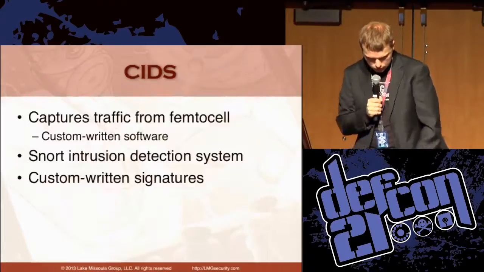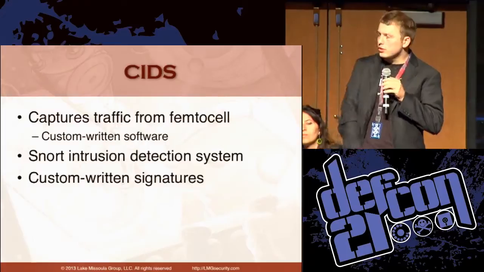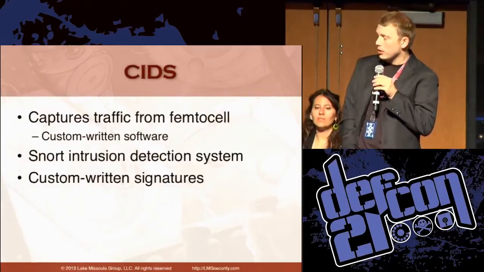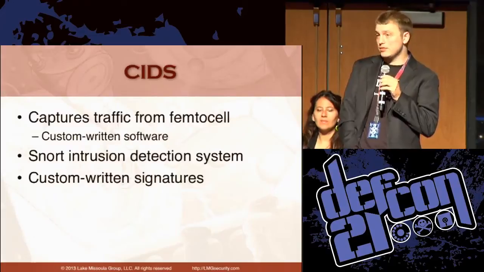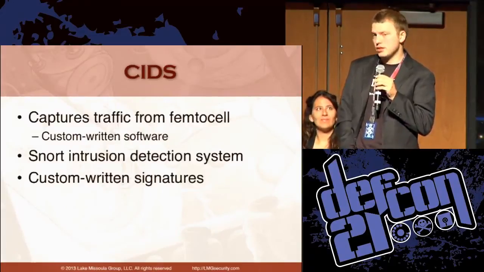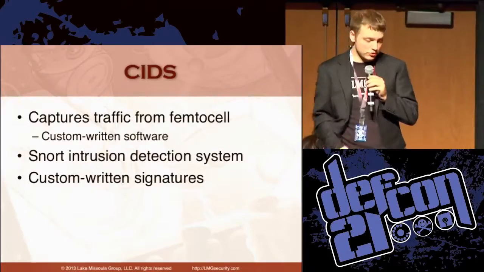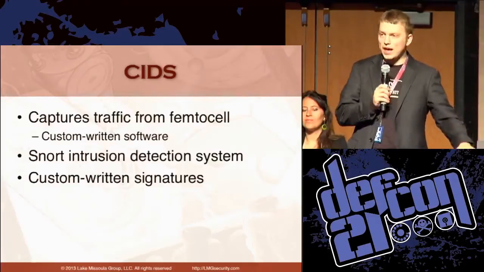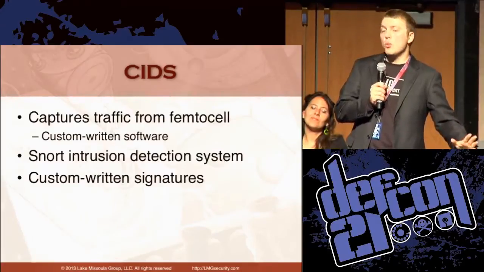Let's see. So, cellular intrusion detection. This wasn't originally it. When we set out to do this project, we were looking at network forensics. Like, hey, let's see what we can see about the cellular network. And it quickly became this big project to even get access to it. So as soon as we did get access, we said, okay, what can we do?